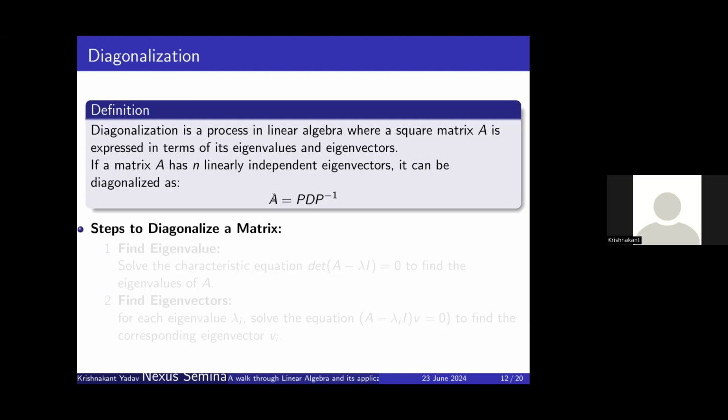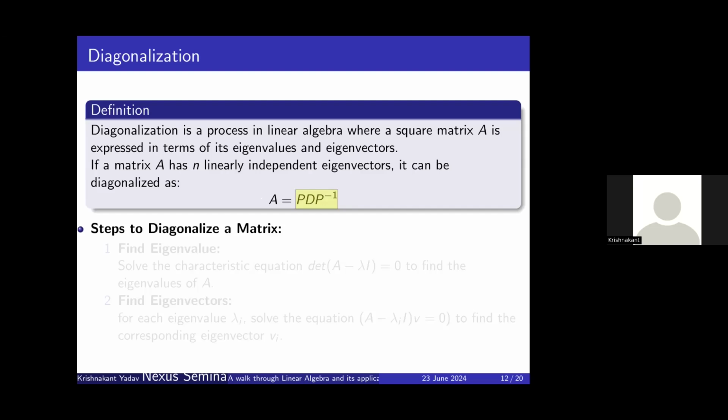Here we can see that A is the original matrix, P is the matrix of eigenvectors, D is the diagonal matrix, and here is P inverse. If we are able to prove this equation, then we can say that the matrix is diagonalized. So let's have a look at this.